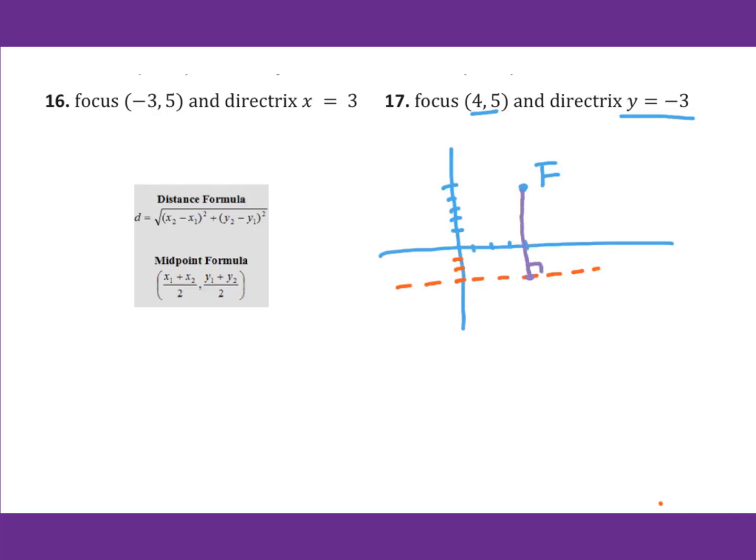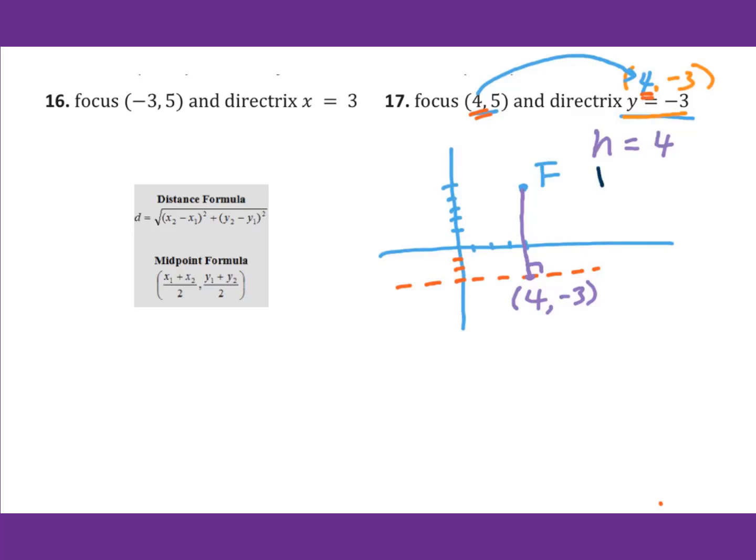This point will be (4, negative 3). According to the given information, we already got y is negative 3, meaning the y coordinate is negative 3. For your x, you use this x coordinate, using (4, negative 3). Therefore, we can get h equals 4 because both are 4.